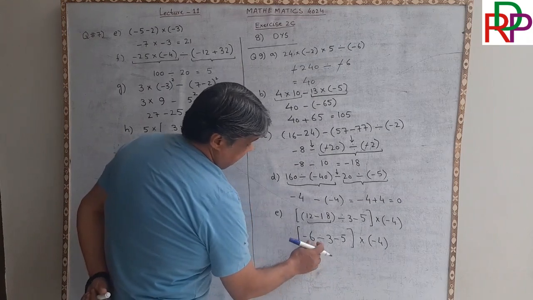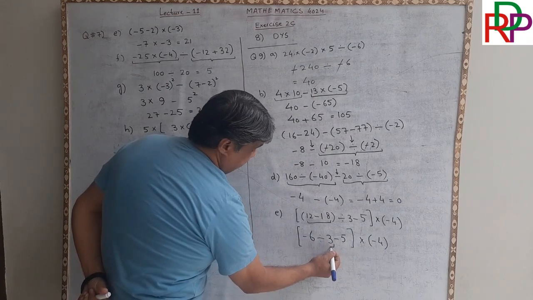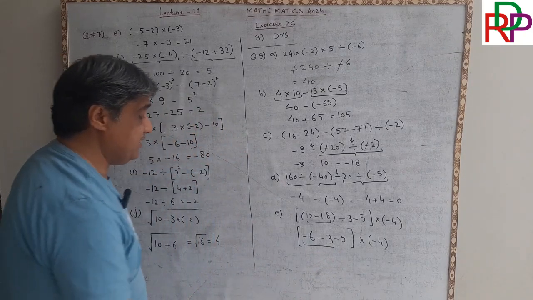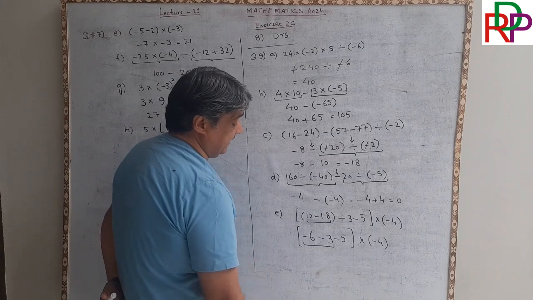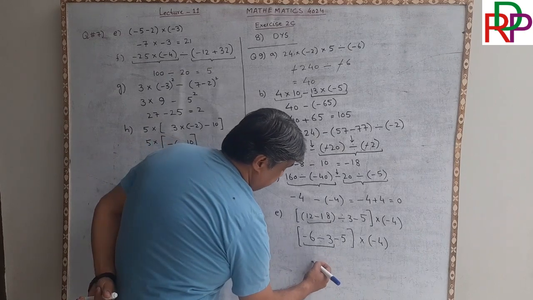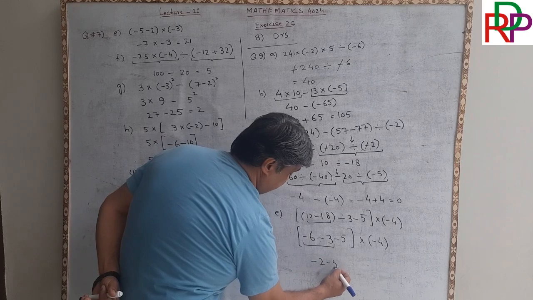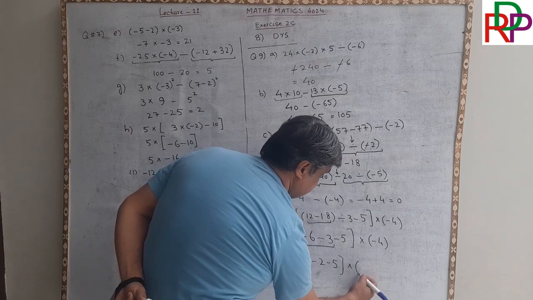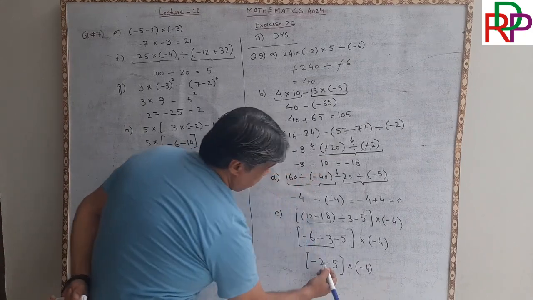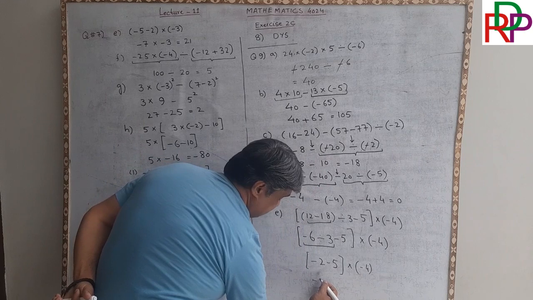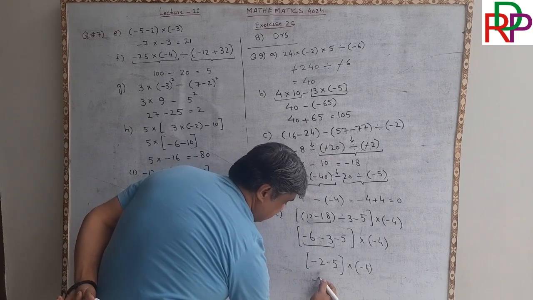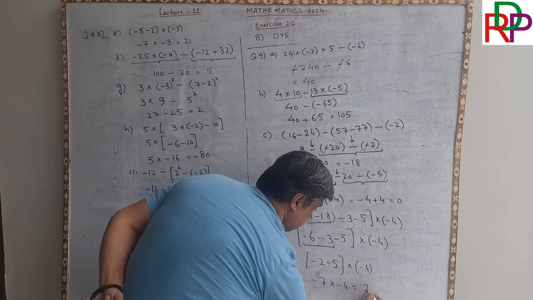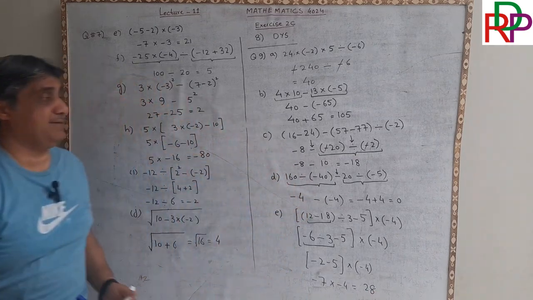Ladies and gentlemen, now I have to divide this minus 6 by 3 because the priority of division is more than that of minus. So it will be minus 2 minus 5 and then minus 4. Sorry, minus 2 and minus 5 is minus 7 and minus 4 is equal to 28.